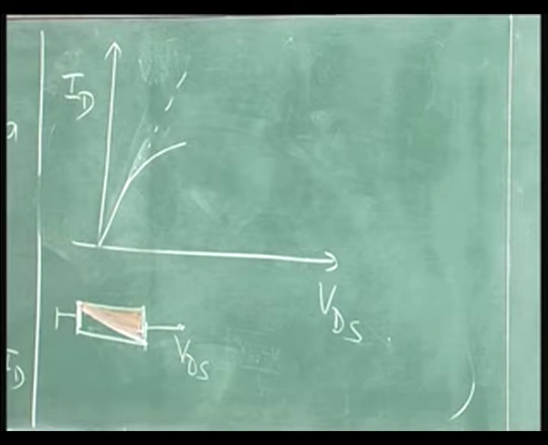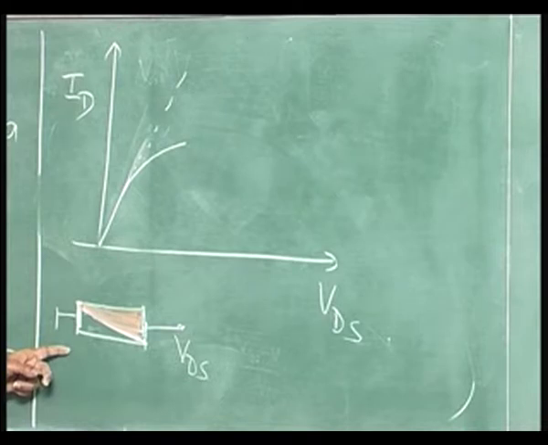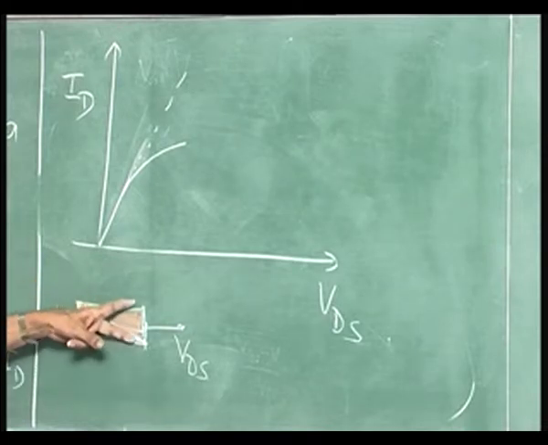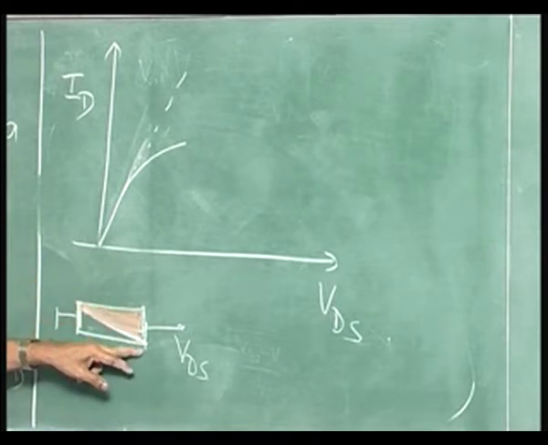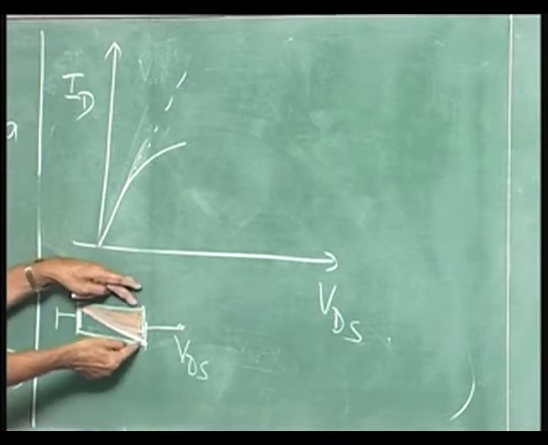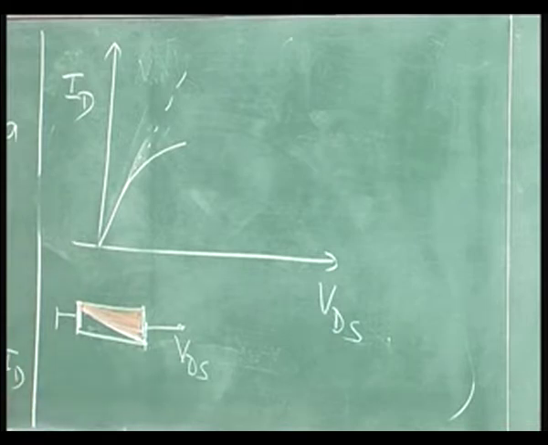What is the voltage drop there? The voltage drop there is such that the depletion layer width is almost closing, but still there is a small opening. Let us say that is a delta.